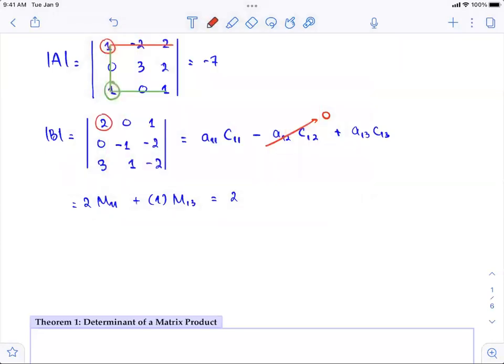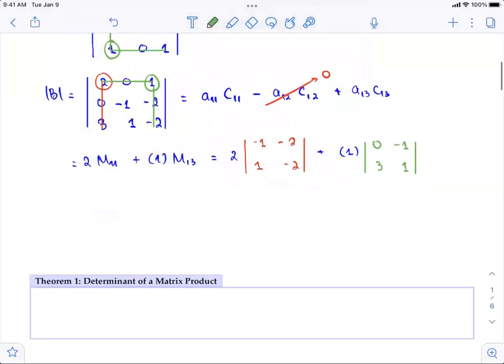So you have 2. You pick this entry, delete the corresponding column and the corresponding row, and you get -1, -2, 1, -2, plus 1 times M13. So for M13, you pick this entry, delete the corresponding row and column, and you get the determinant of the form 0, -1, 3, 1.